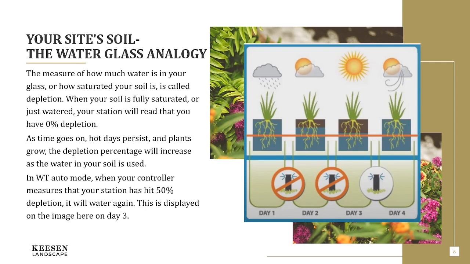When your field capacity is at its maximum limit, or just watered, your station will read that you have 0% depletion. As time passes, hot days persist, and plants grow, the depletion percentage will increase as the water in your soil is used. In WeatherTRAK Auto Mode, when your controller measures that your station has hit 50% depletion, it will water again. This is displayed in the image here on day 3.